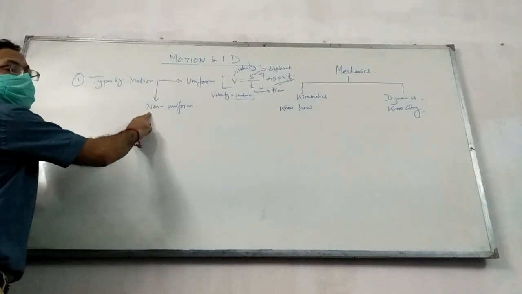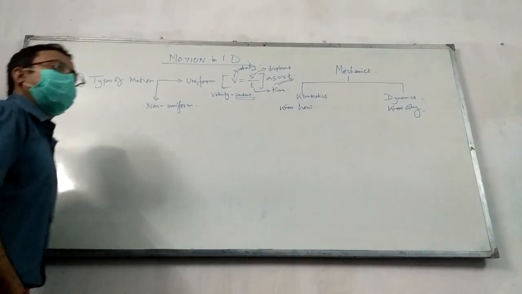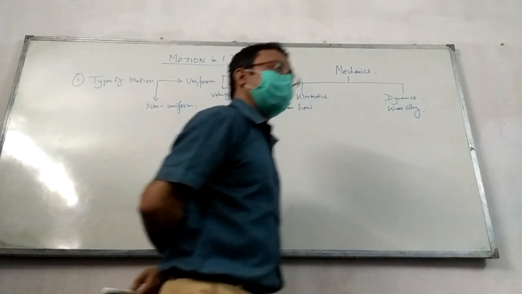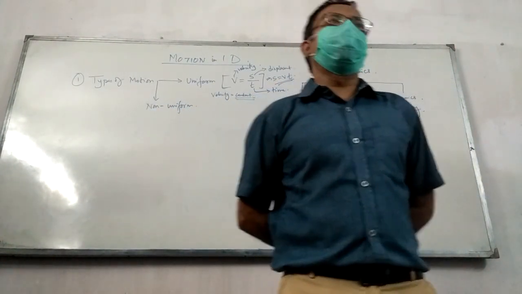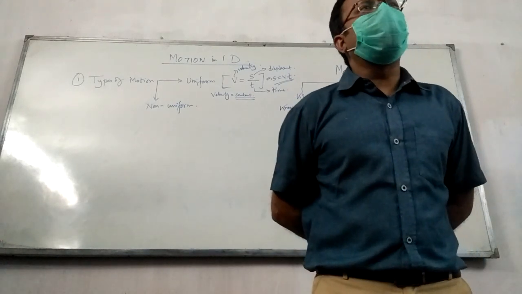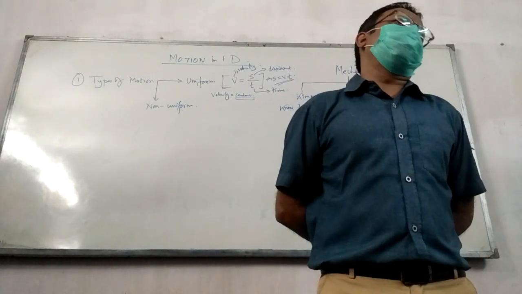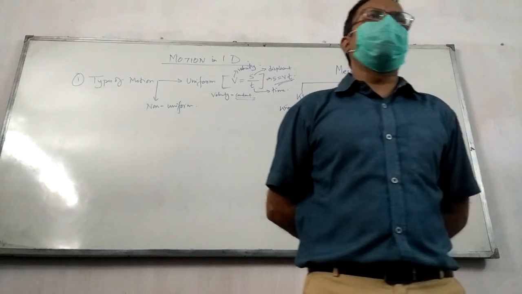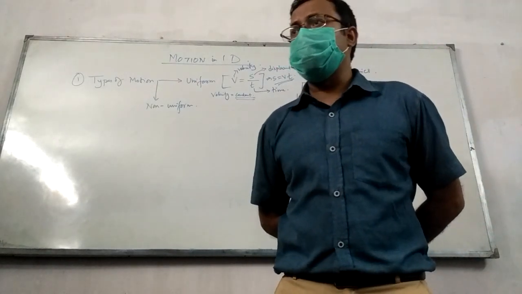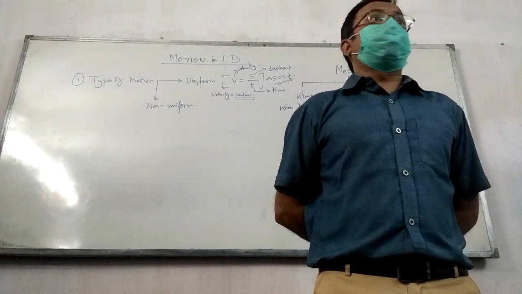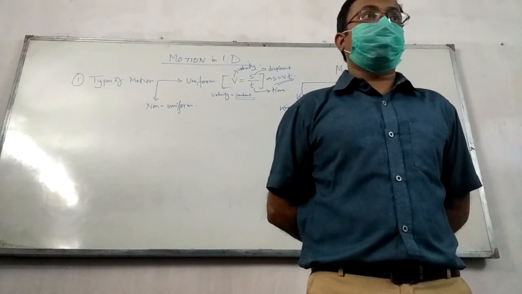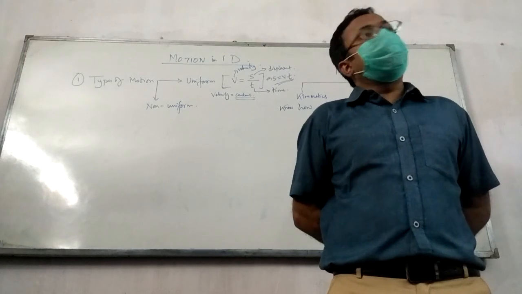Next coming non-uniform motion. What is non-uniform motion? Of course it does not travel equal distances in equal intervals of time. Means the velocity is not constant. Now, how is it changing? That is different.